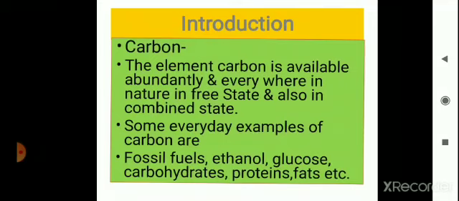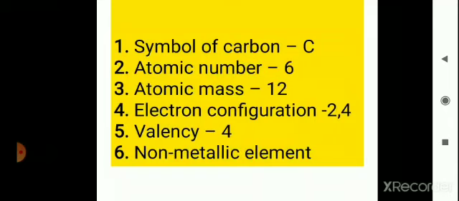Now, some basic information about carbon. Symbol of carbon is C. That is, while denoting carbon atom, we use capital C. The atomic number of carbon is 6.